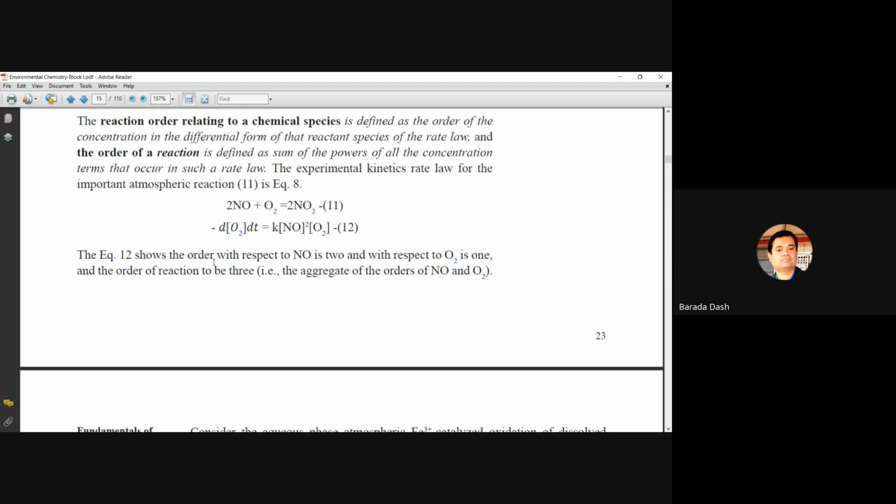This shows the order with respect to NO is 2 and with respect to O2 is 1. So the order of the reaction would be 2 plus 1 equal to 3. Basically, it is the sum of the powers of the reactant concentrations.